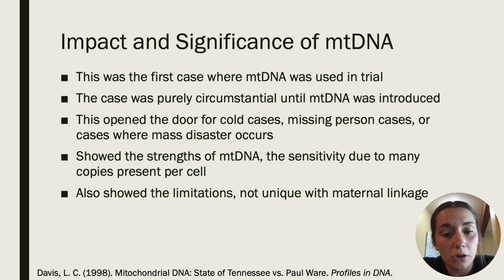And then this really opened the door for cold cases, missing person cases, or cases where there's a destruction of most of the DNA, because it showed that mitochondrial DNA can be used in these cases to help come to a conclusion, even if, say, a cold case was closed due to insufficient evidence. Now maybe the mitochondrial DNA can be tested and extracted.